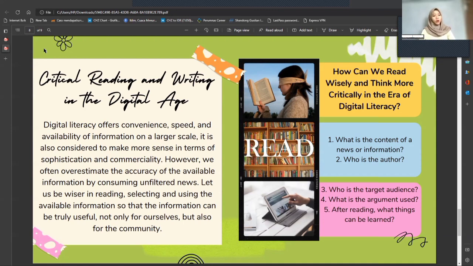However, we often overestimate the accuracy of the available information by consuming unfiltered news. Let us be wiser in reading, selecting, and using available information so that the information can be truly useful, not only for ourselves, but also for the community.